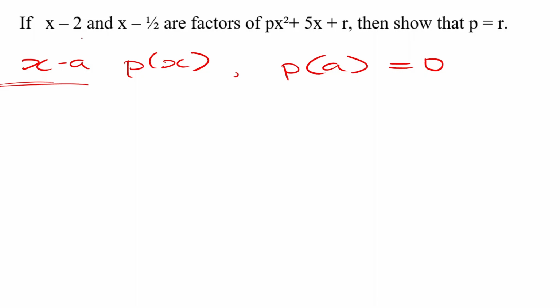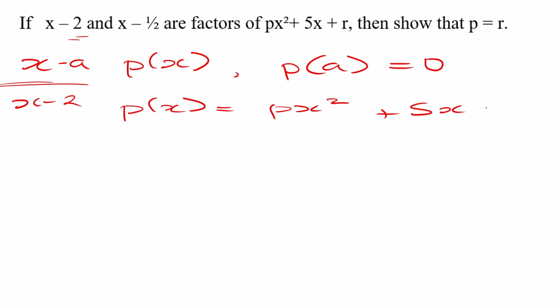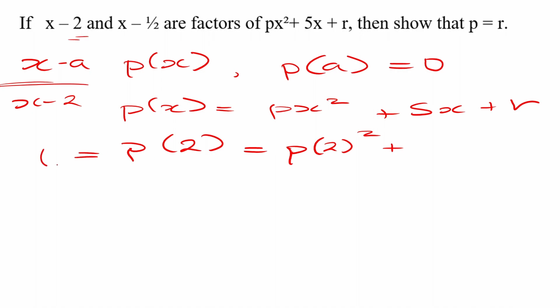So x minus 2 is a factor, and p of x, the polynomial of x, is equal to px square plus 5x plus r. Since we have minus 2, we're going to take p into 2 square plus 5 into 2 plus r, and this entire thing is equal to 0, because according to the factor theorem it should be equal to 0.